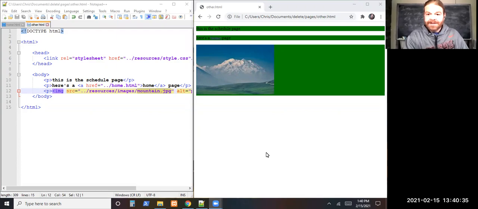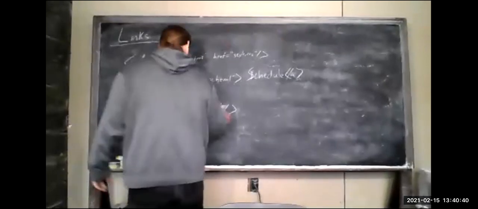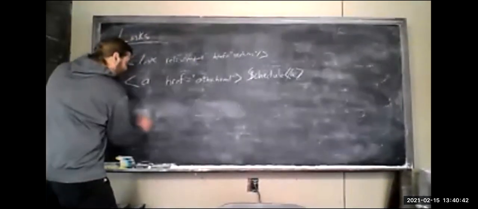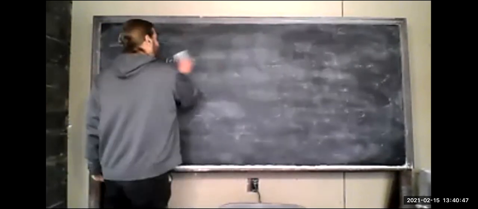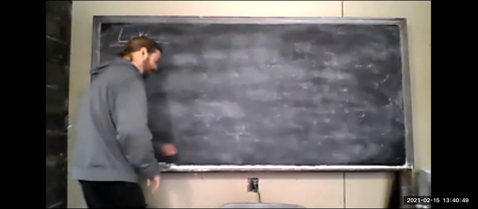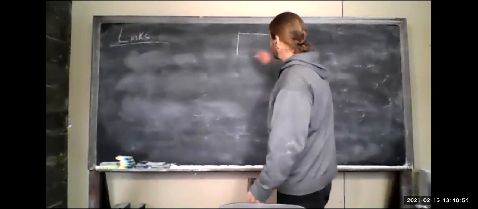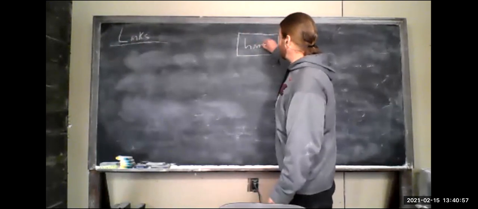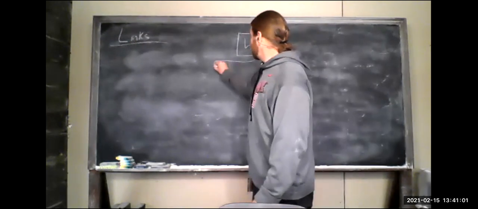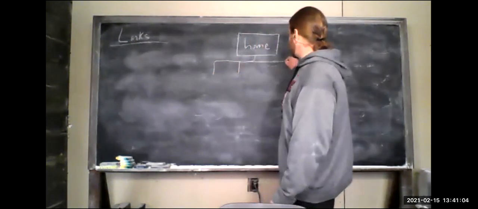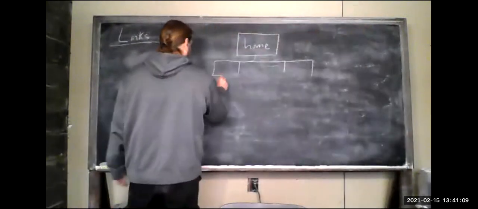Actually, let me stop the screen share because I'm going to try to draw a generic one here. When you all turned in those project proposals, you had those hierarchy charts, right? Showing what your layout for your site was going to be. And I think the average one usually had the home page up top, and most of them broke off into different sections.